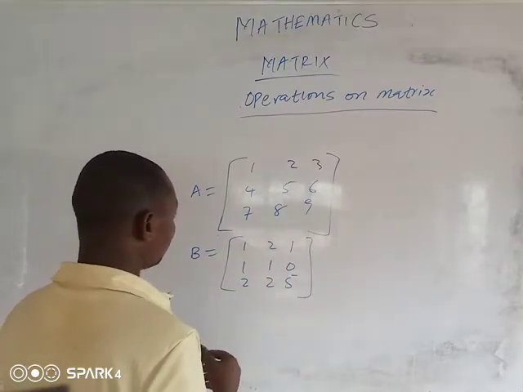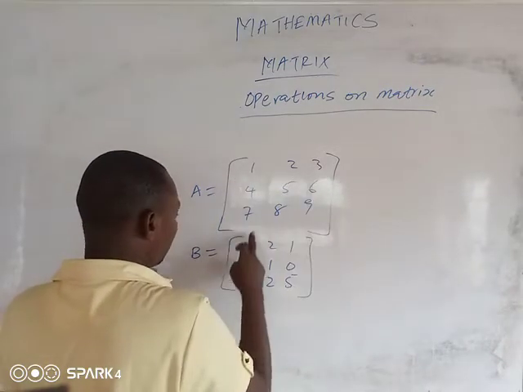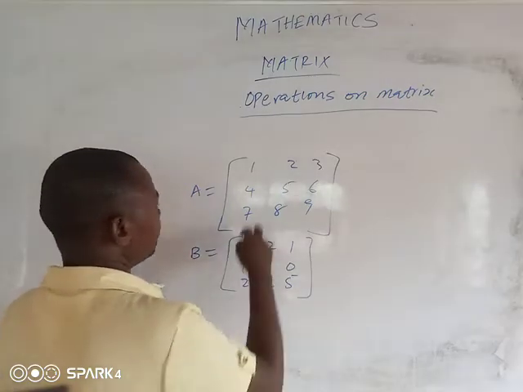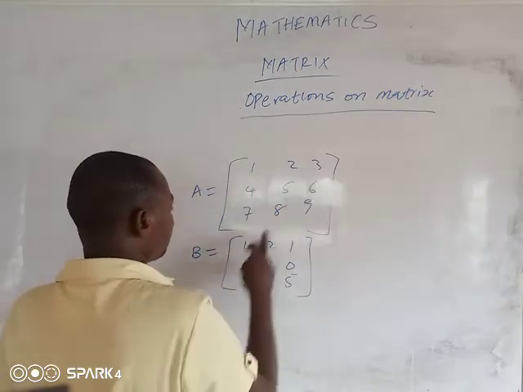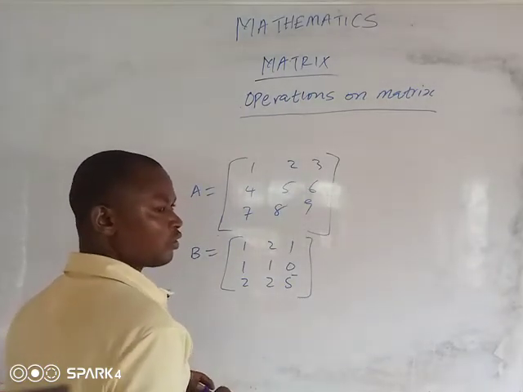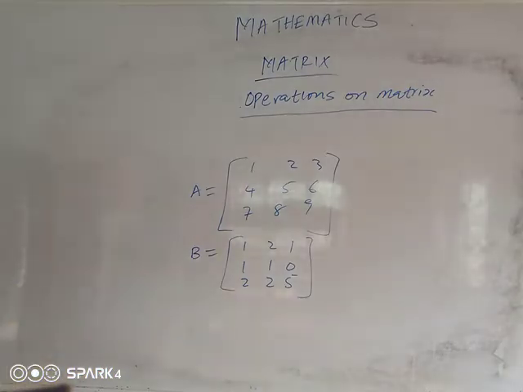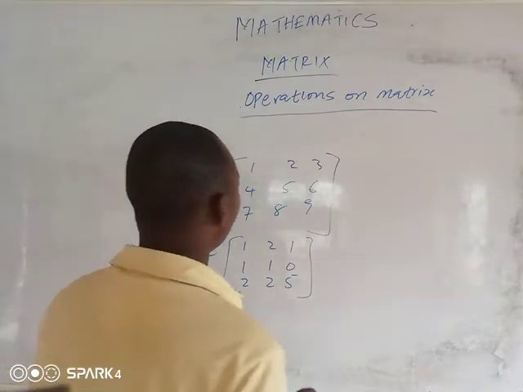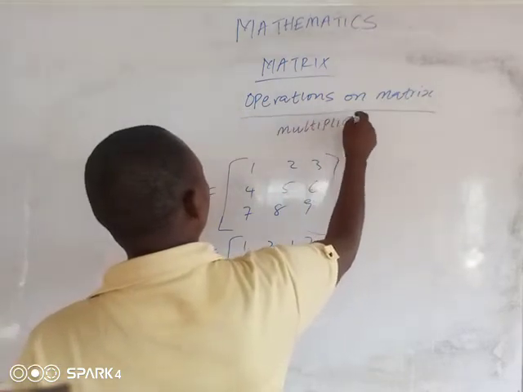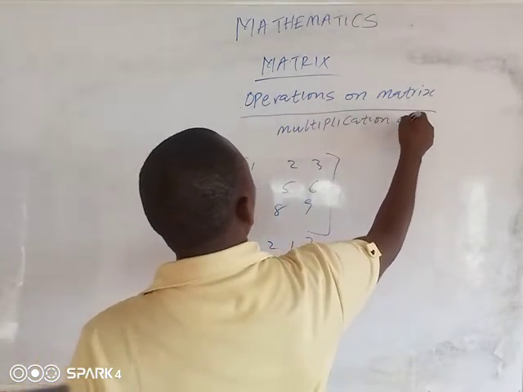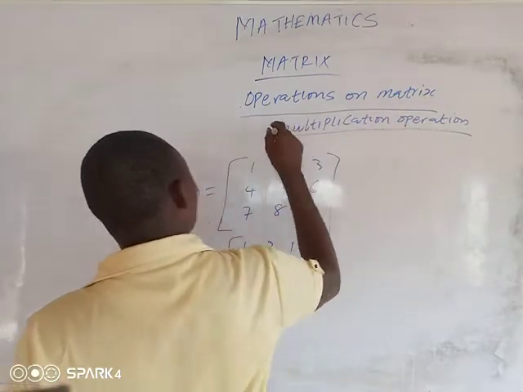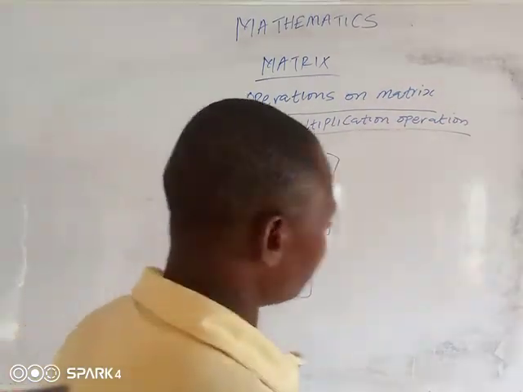So we are going to use this row to multiply each of the columns to form the first row. In that kind of situation, we say we are performing the multiplication operation. Okay, let's handle them.